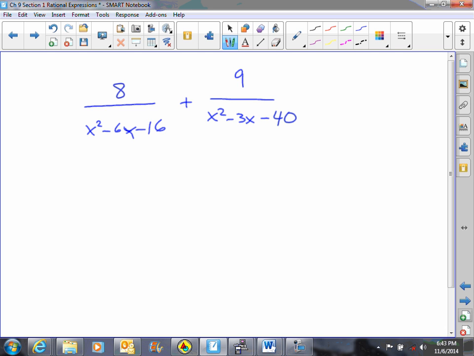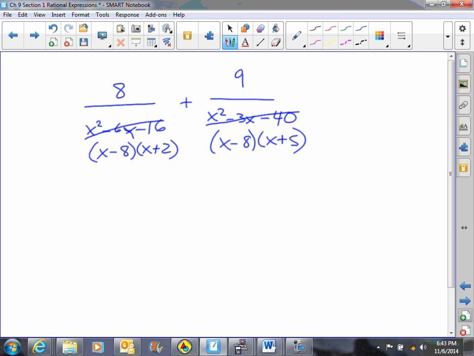Okay, now, first of all, we want to add these fractions, so we need to factor the denominators. This denominator factors into x minus 8 and x plus 2. And we'll just replace that with that. This one factors into x minus 8 times x plus 5. I'll take care of that one.